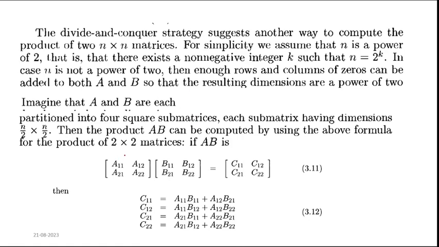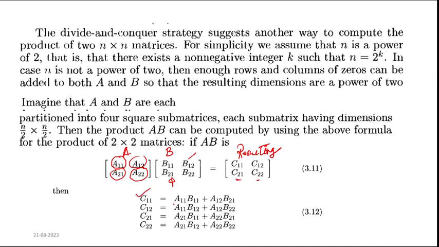This is my first matrix A, with four elements, and this is matrix B, which again has four elements: B11, the first element of the second matrix, B12, and so on. These are just nomenclature by which we represent them, and then finally you get the resulting matrix, C11, C12, C21, C22.